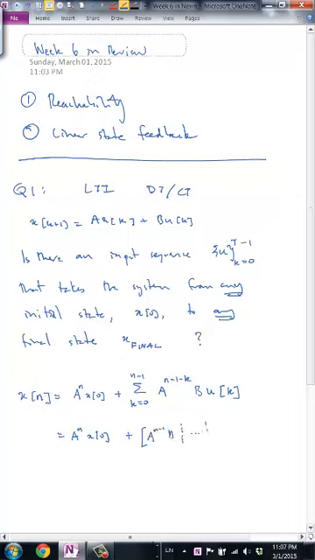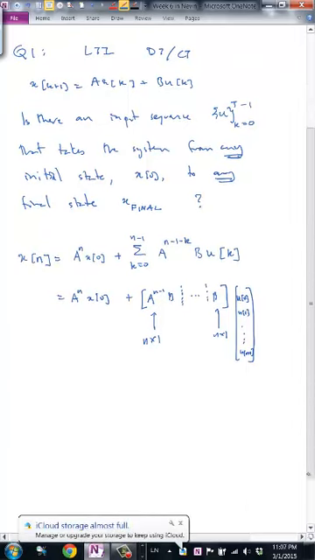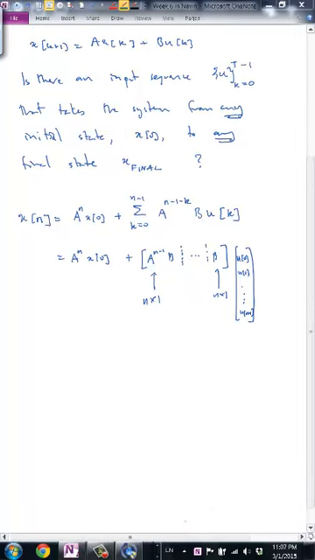I write this to remind us that these are columns. So this is an n by 1 column times the vector of all the u's: u of 0, u of 1, all the way up to u of n minus 1. And this is the key thing that we need to understand.